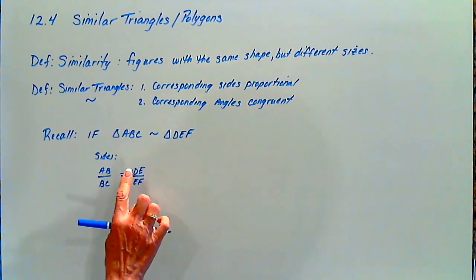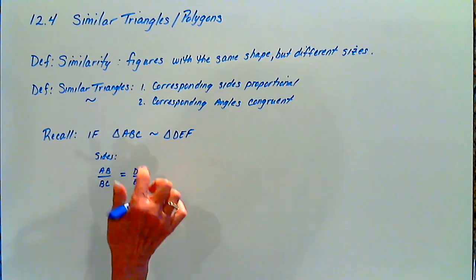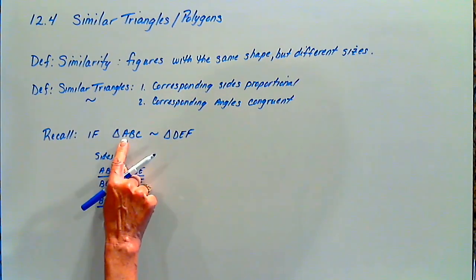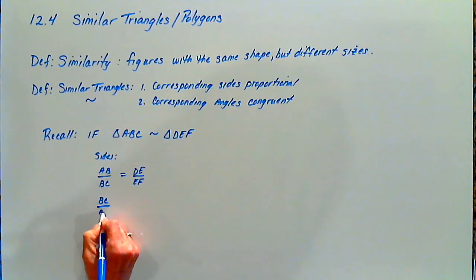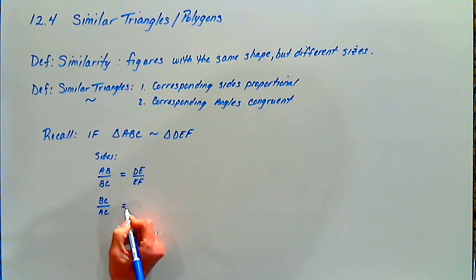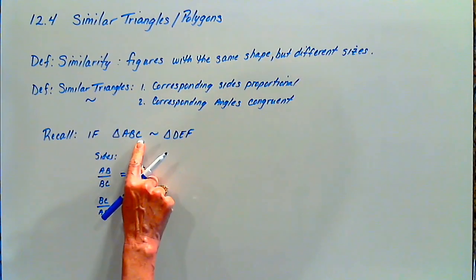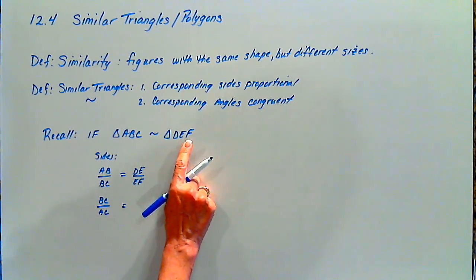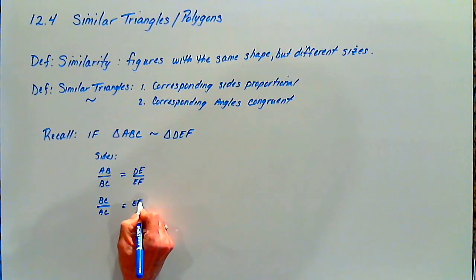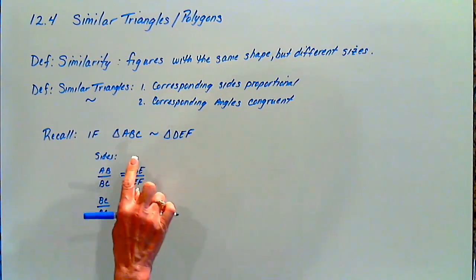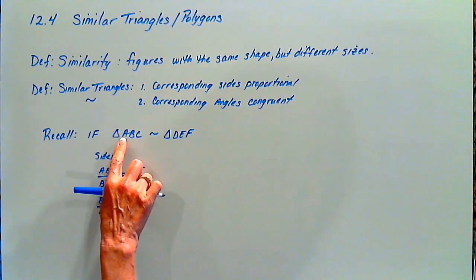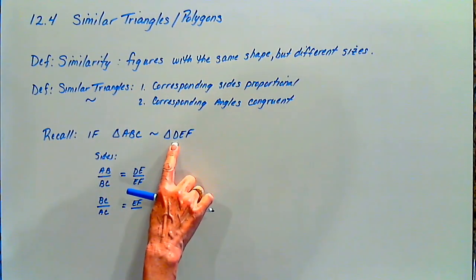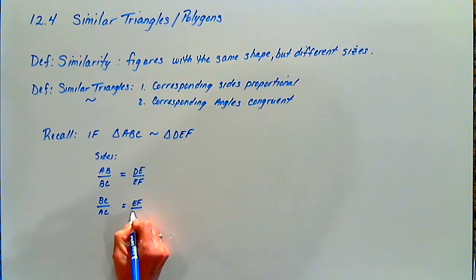We can also say side BC is to AC as, since we went from the second to the third, we need to do the same on the second triangle, E to F. And then since we went from angle A to angle C, we would need to do the same order and go angle D to angle F.